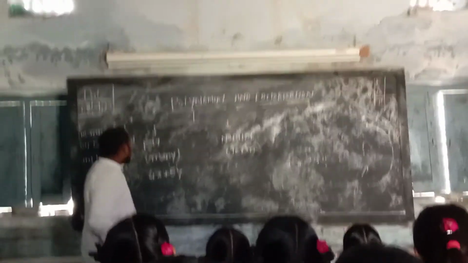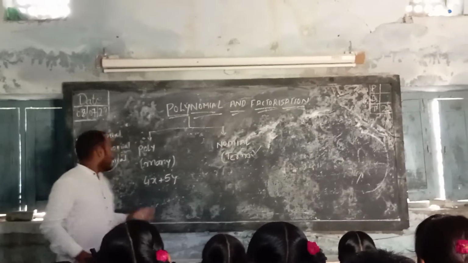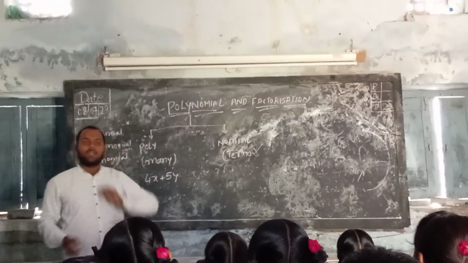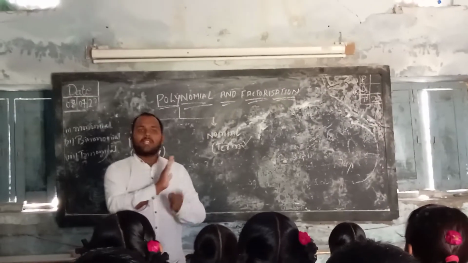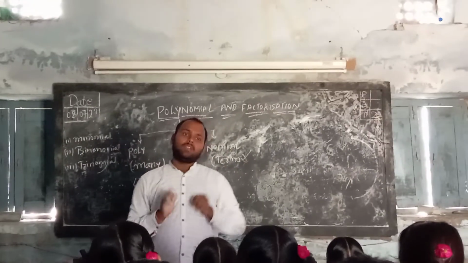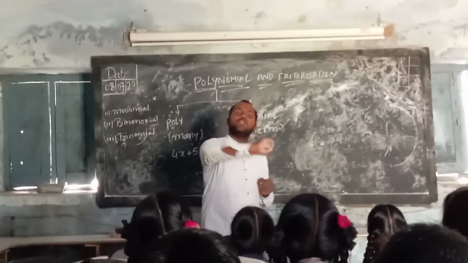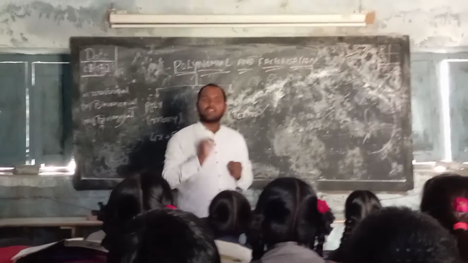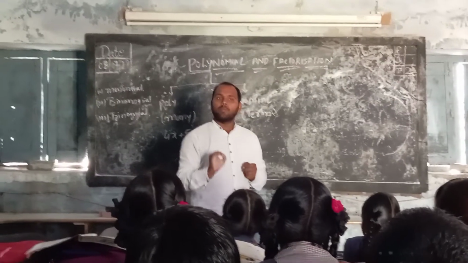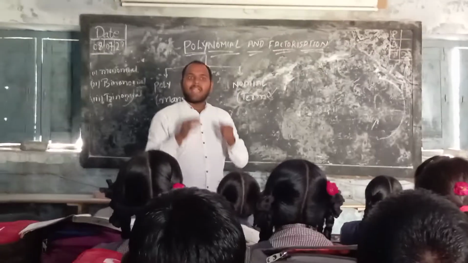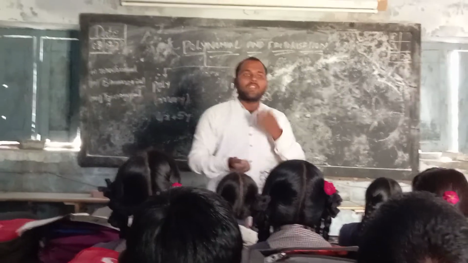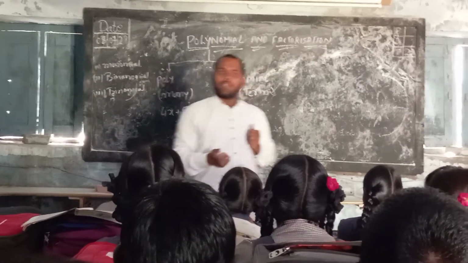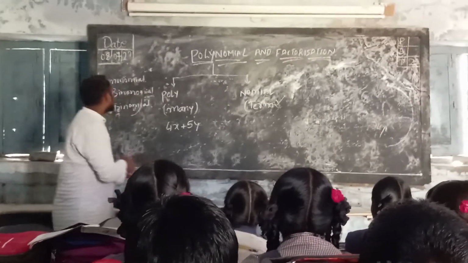If two terms are there, we say binomial. If three terms are there, trinomial. If four are there, no specific name is there. That is a polynomial. As the meaning says, polynomial means many terms. In an algebraic expression, we are adding so many terms. Yes or no?